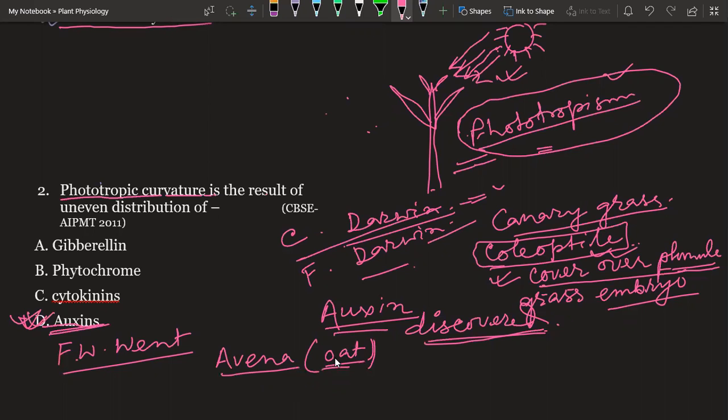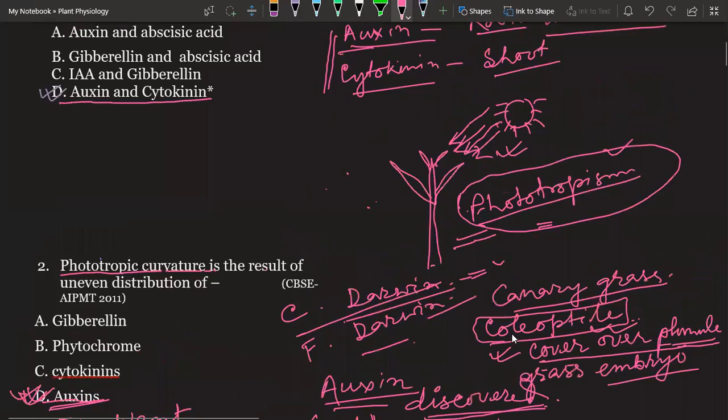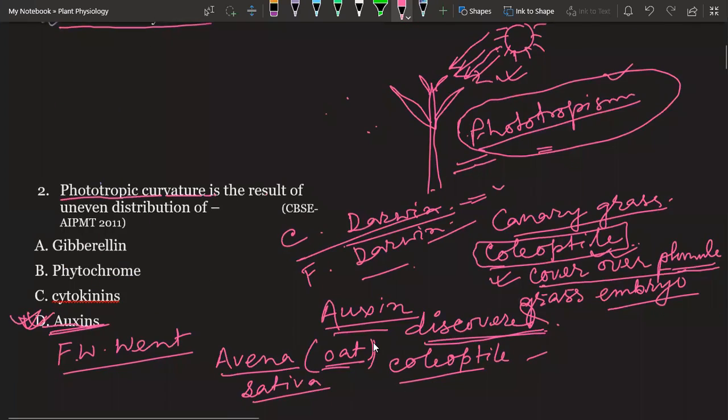Avena sativa. In Avena coleoptile, he carried out the experiment.